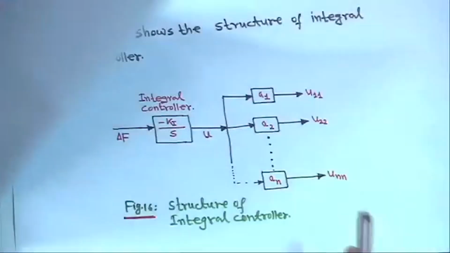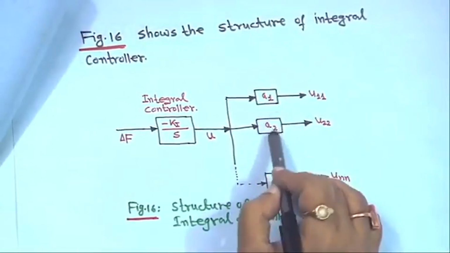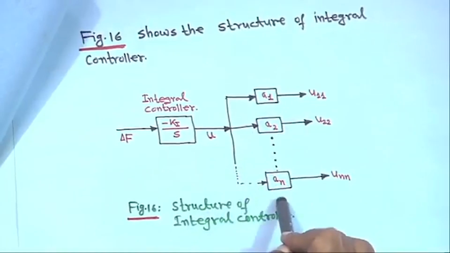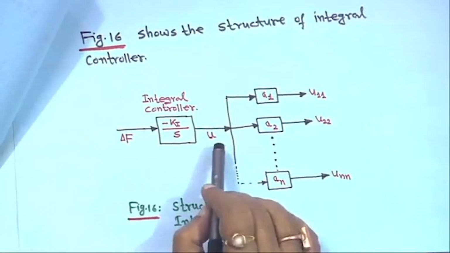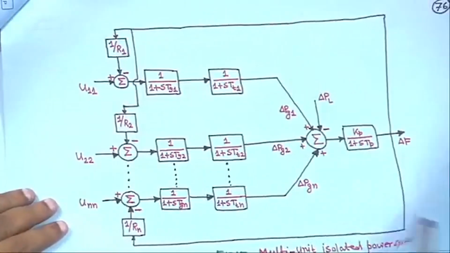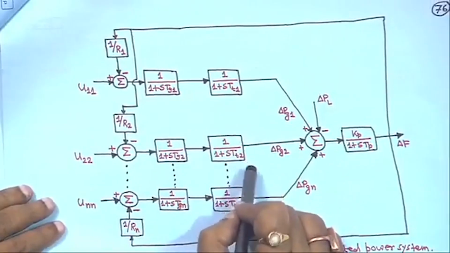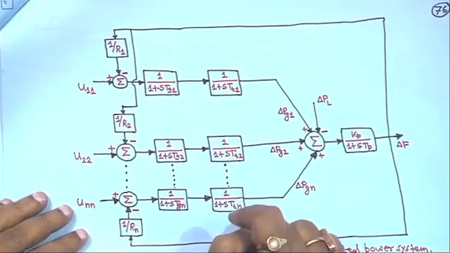So, in that case, whatever A1, A2, A_n you set, their summation should be 1. If suppose load suddenly increases by 10 megawatt, then you have to share the 10 megawatt among these units such that your fuel cost will be minimum. Again I am telling you that the economic load dispatch concept is coming here.